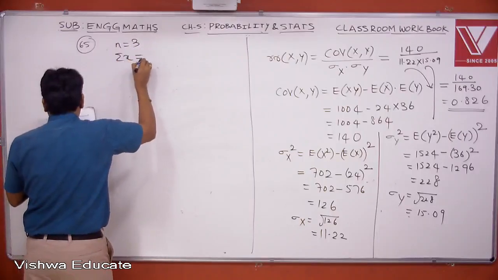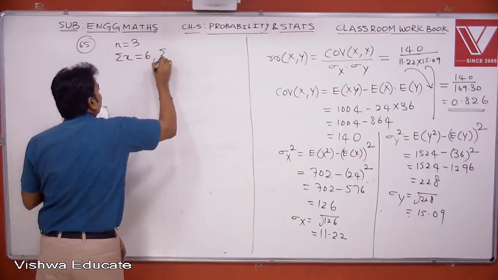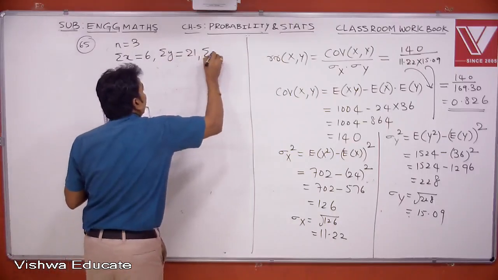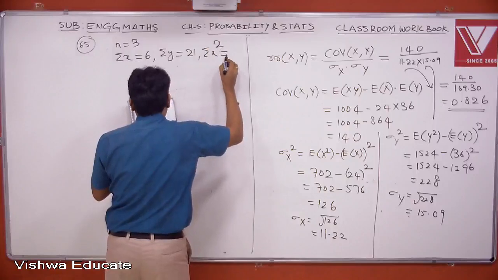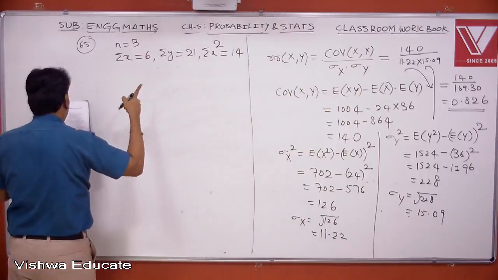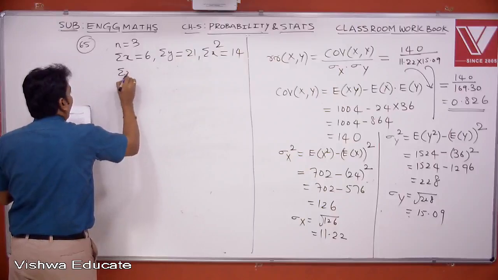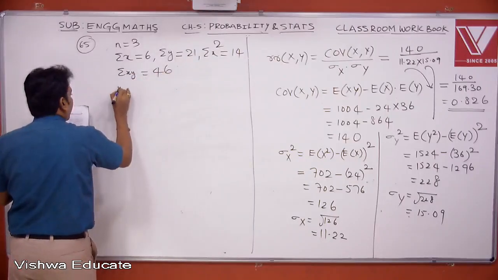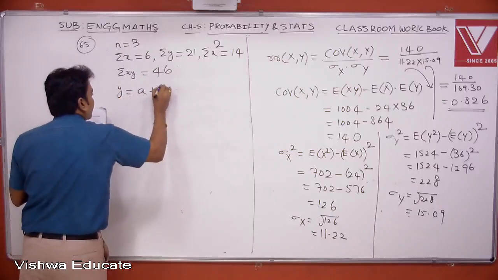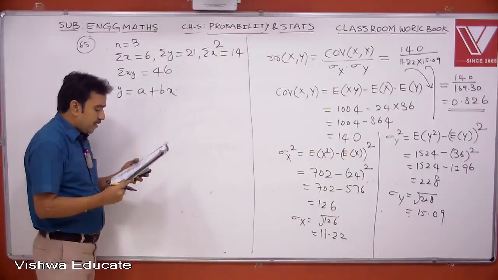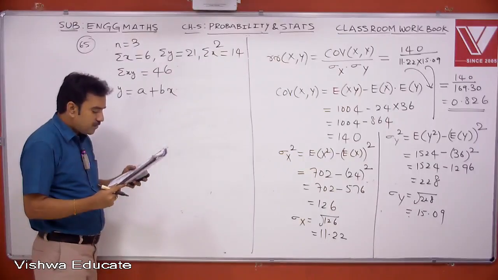So sigma x is given as 6, sigma y is given as 21, sigma x square equal to 14, sigma xy equal to 46. So here the line is in the form y equal to a plus bx. They are asking the values of a and b.